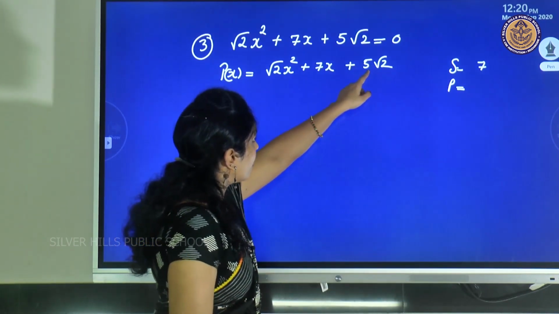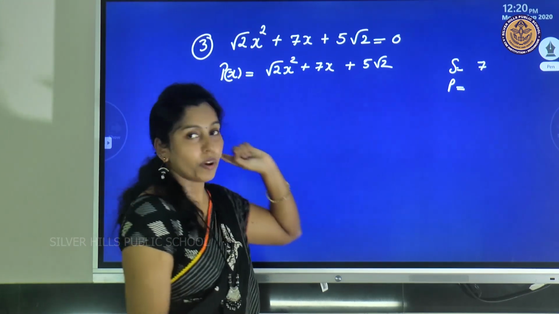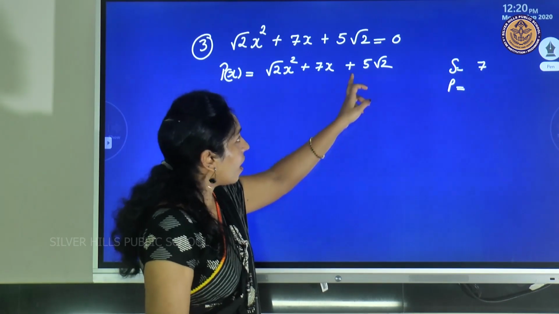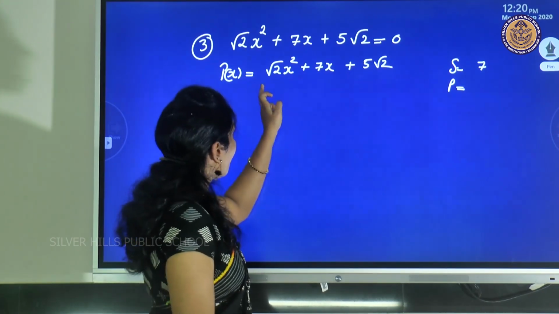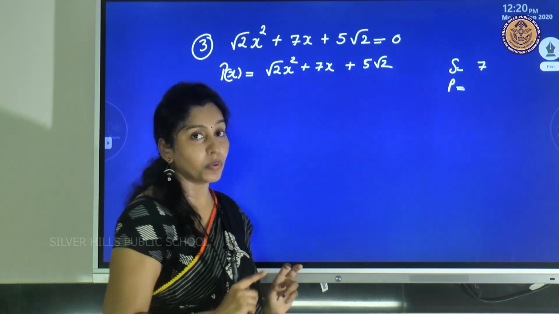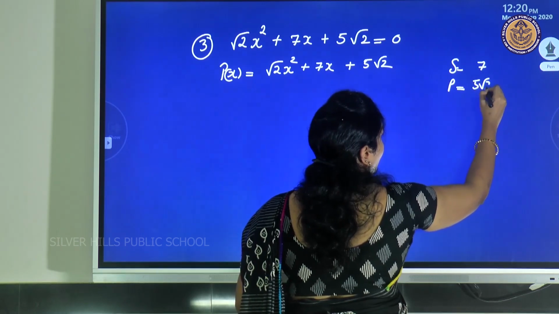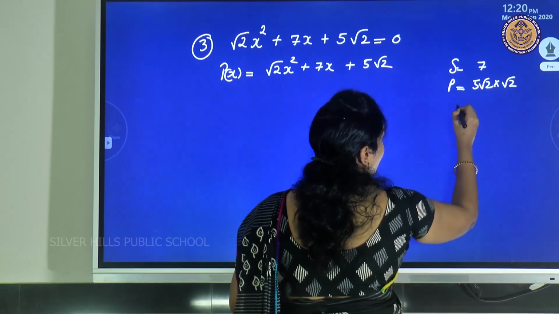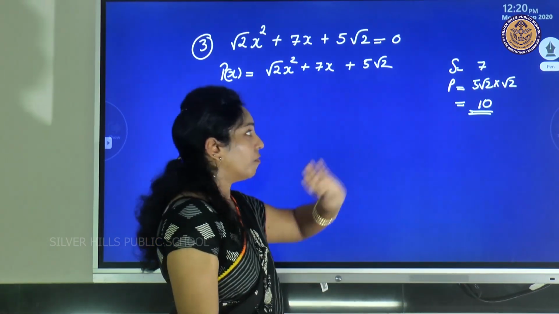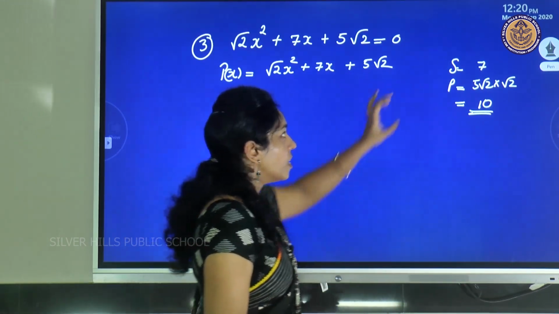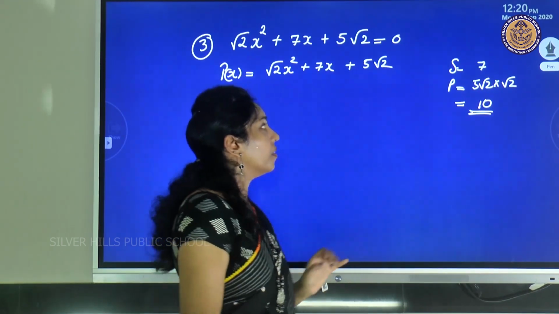It's the product of the constant term and the coefficient of x square. So as a constant term we have 5 root 2, so 5 root 2 into root 2. And what is 5 root 2 into root 2? It is 10, because root 2 into root 2 is 2, 2 into 5 is 10. So we have sum equals 7, product is equal to 10.